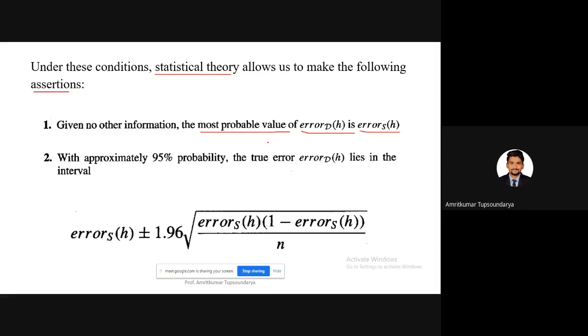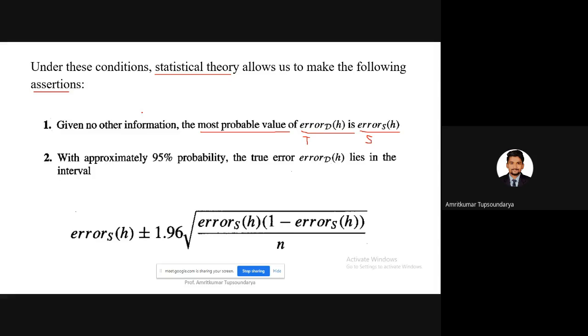We have not been given any other specific information, but just that the most probable value for the true error is the sample error itself. That is the most probable value that we can have. This is the first assertion here.